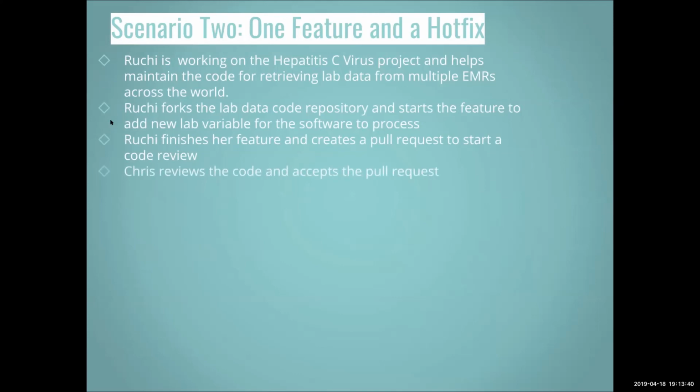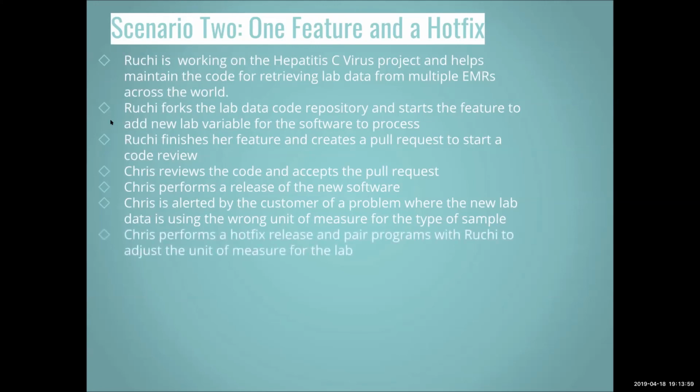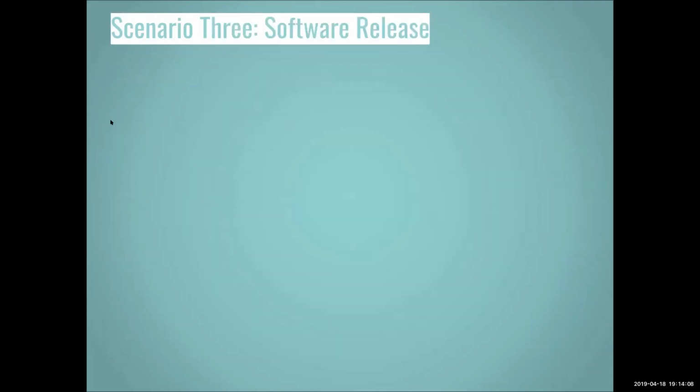Chris reviews the code and accepts the pull request. Chris performs a release of the software, but the customer alerts Chris that there's a problem where the new lab data is using the wrong unit of measure for the type of sample. They're using microliters instead of micrograms. Actually, it can be a common data problem. So Chris performs a hotfix release and pair programs with Ruchi to adjust the unit of measure for the lab. Chris closes the hotfix and then releases the software again.